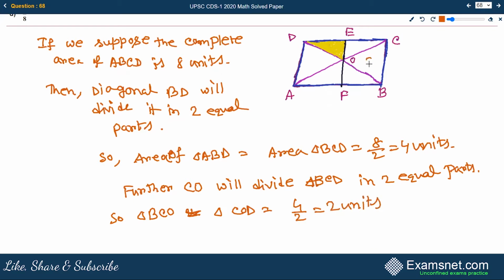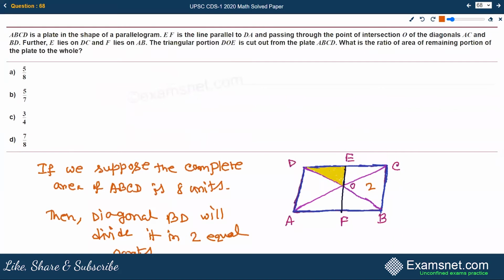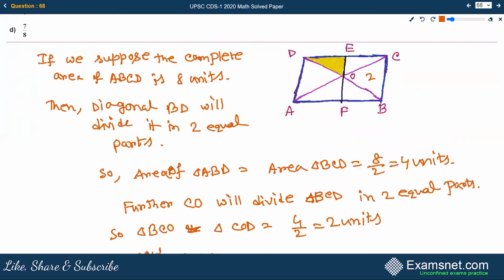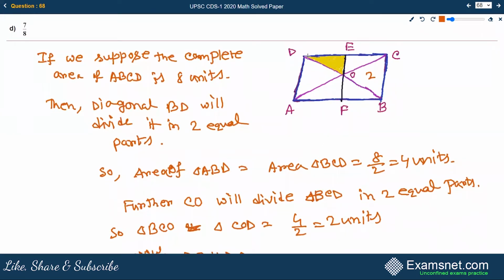So this part is 2 units, because we have again parted this COD by OE. Now it is given that EF is parallel to DA. So EF is parallel to DA, and here we can say AD equals EF also.